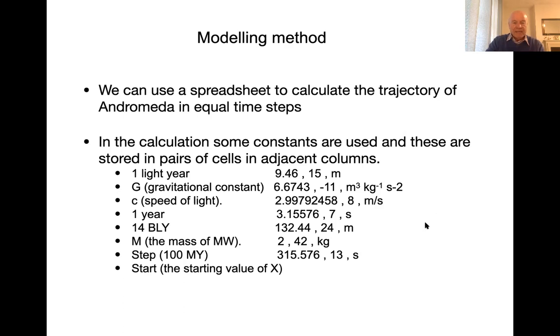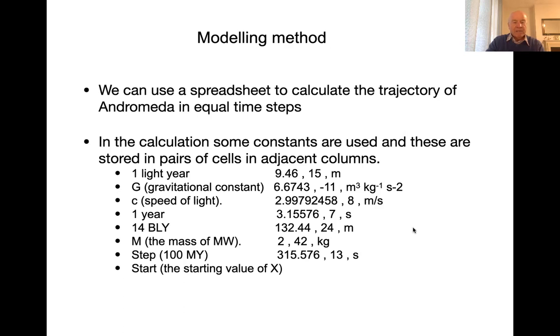14 billion light years is a very convenient constant to have as a reference, because if you take a distance of separation and divide it by 14 billion light years and multiply by the speed of light, you get the recession velocity. So that's a very useful value to have at hand. We've taken the mass of the Milky Way as 2 times 10 to the 42 kilograms.